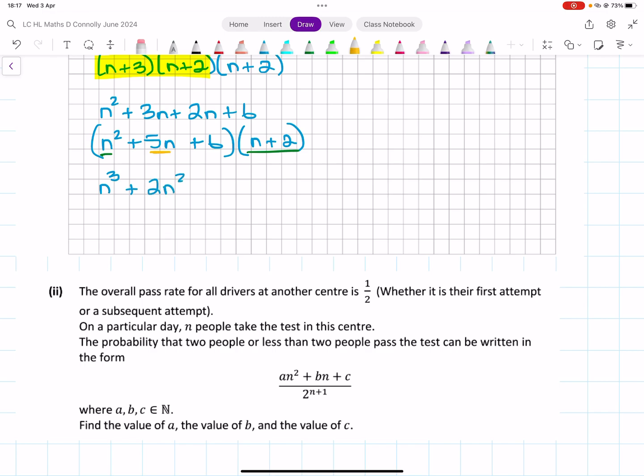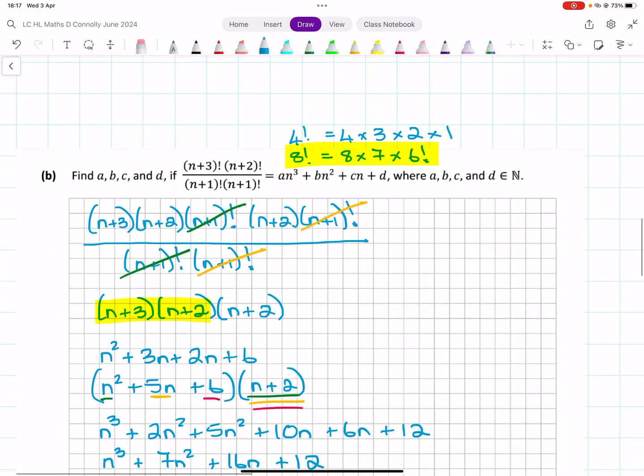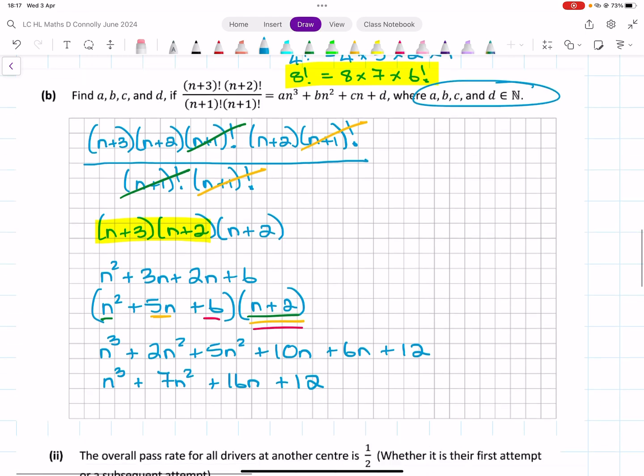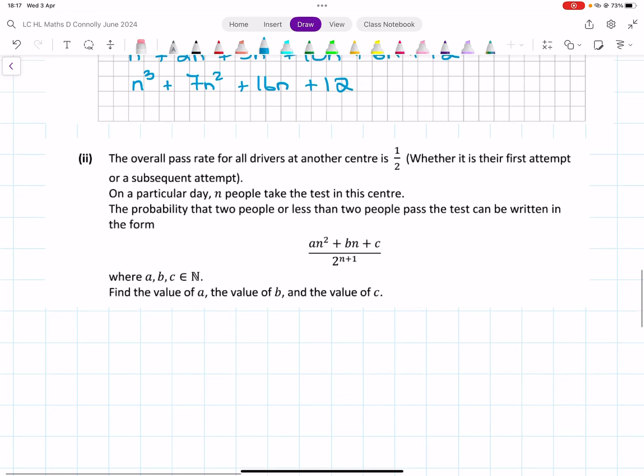Then this with these two is 5n squared plus 10n. And then this with these two is 6n plus 12. So n cubed plus 7n squared plus 16n plus 12. It says A, B, C, and D should all be elements of n, which they are.